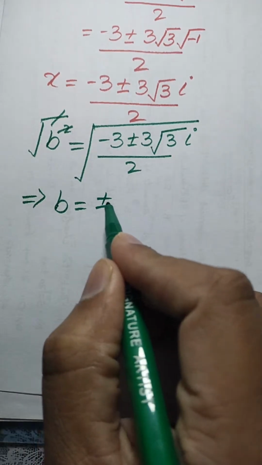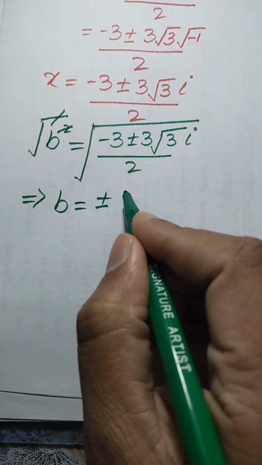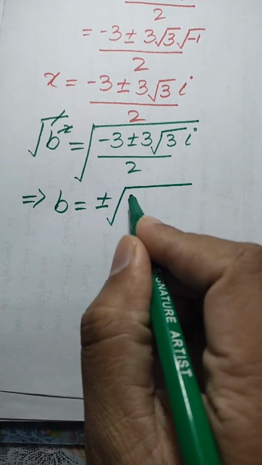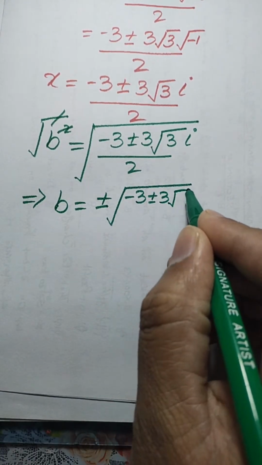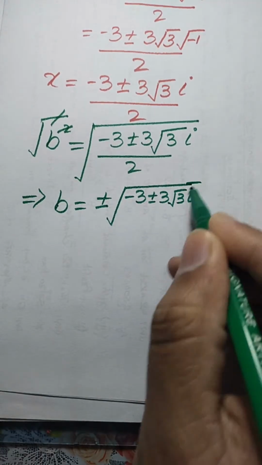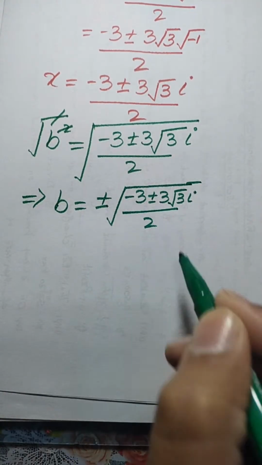So we write here plus minus sign in the right hand side, and it will be written as a square root of minus 3 plus minus 3 times square root of 3 into iota, and it is divided by 2.